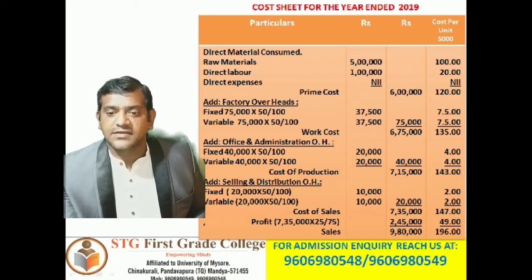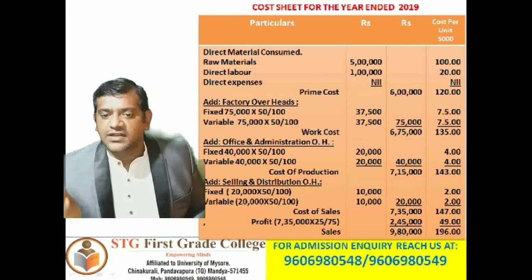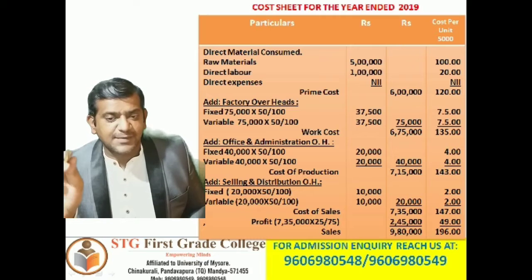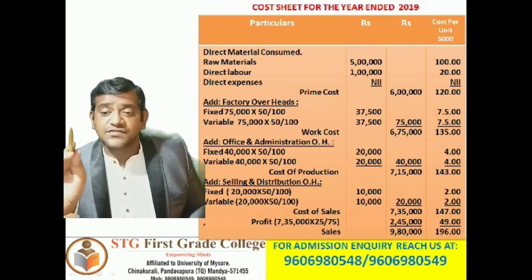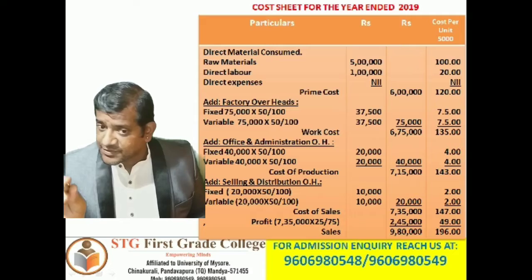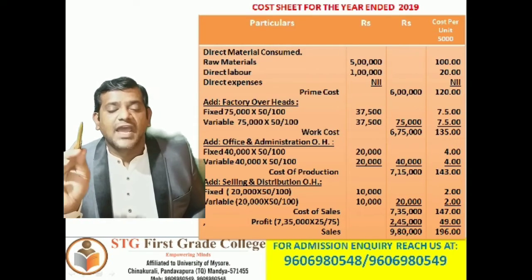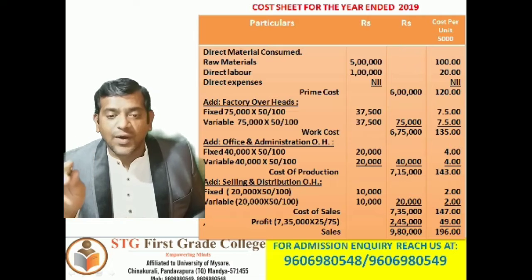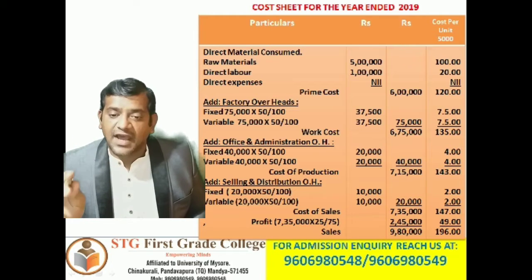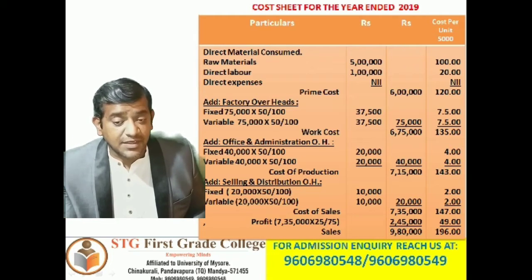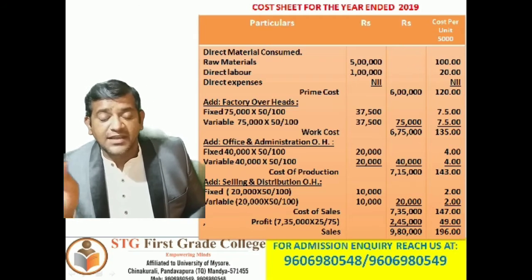You can see in the adjustment, it is estimated that the cost of material will increase by 10% and labor cost will increase by 20%, and 50% of the overheads are fixed and other 50% is variable. So he has not said it directly, indirectly he has given.